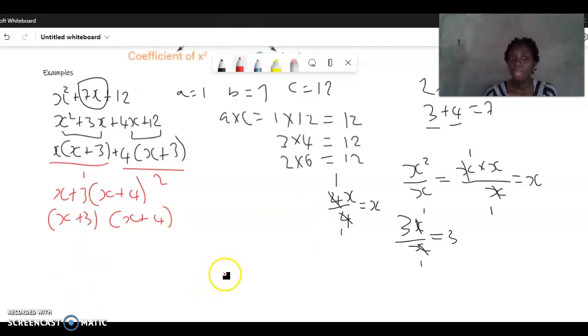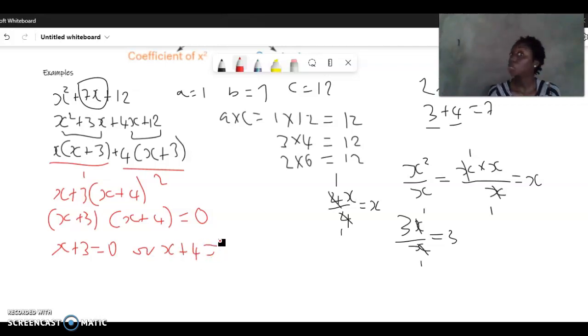To find the value of x, we can equate this portion to 0. So I would equate x plus 3 to 0, or I can equate x plus 4 to 0 as well.